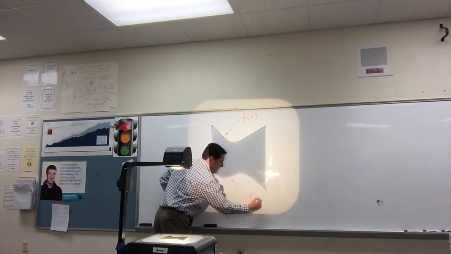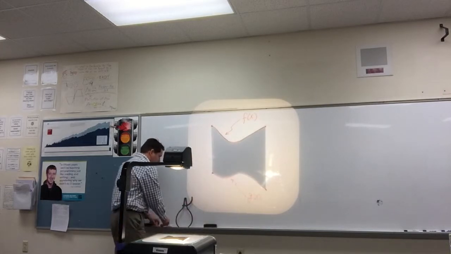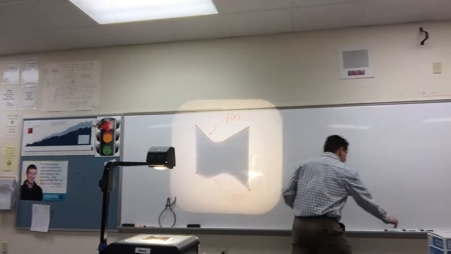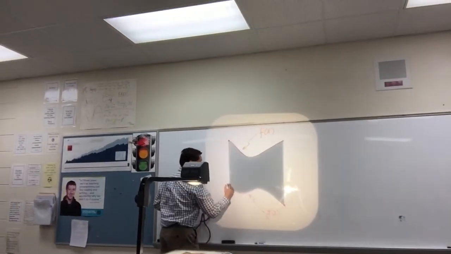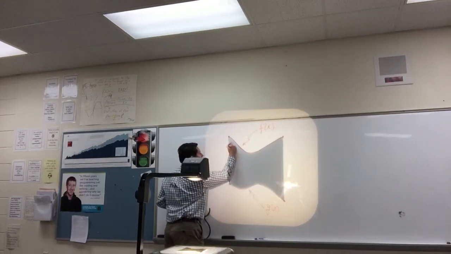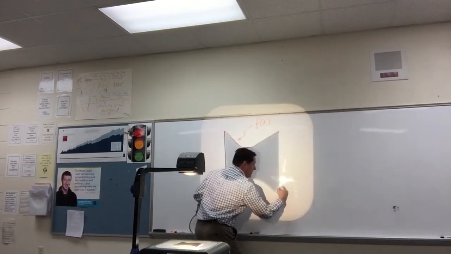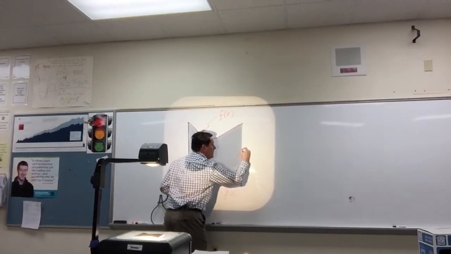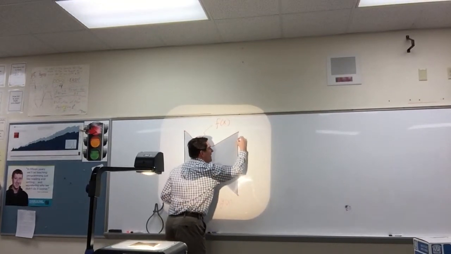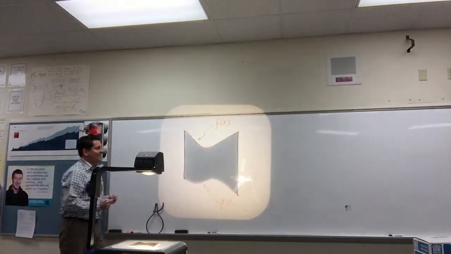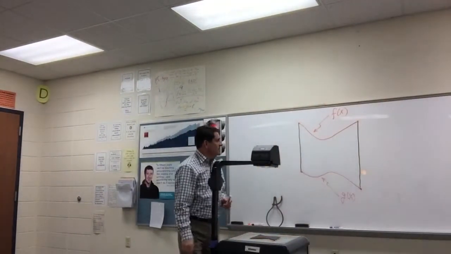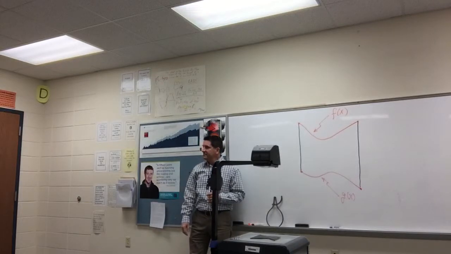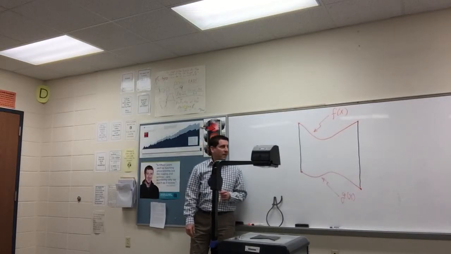We'll just call it f and g, and then I'm going to identify the region that I'm going to try to find. If you can imagine this, everybody see it? Okay, so you see the region.